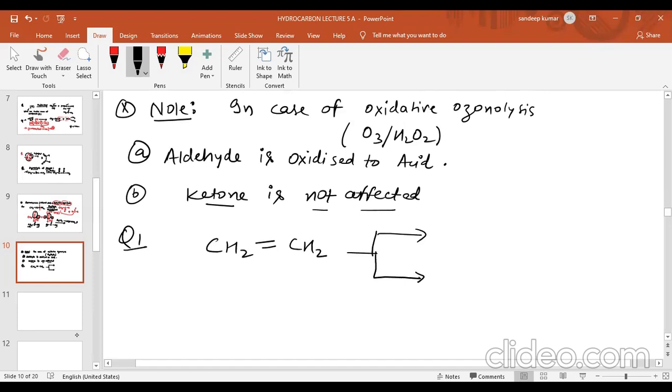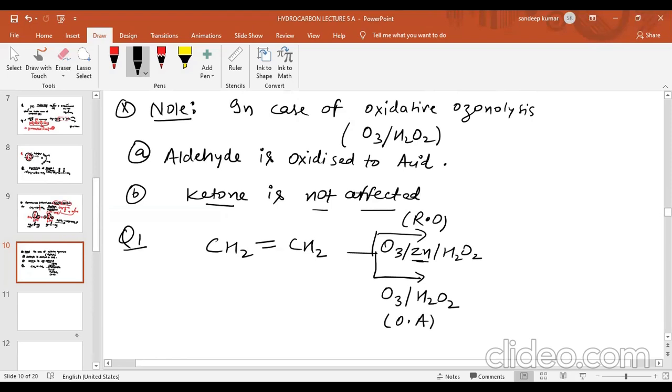One path: O3 in the presence of zinc and H2O2 or H2O, you can take both. And the second: O3 and H2O2 only. The identification is that the above reaction is reductive ozonolysis, while the below reaction is oxidative ozonolysis, because in one zinc is present and in the other zinc is absent.